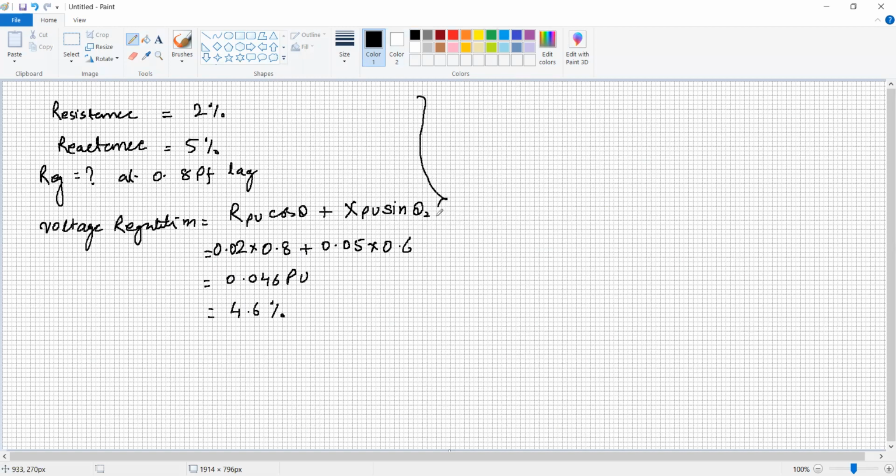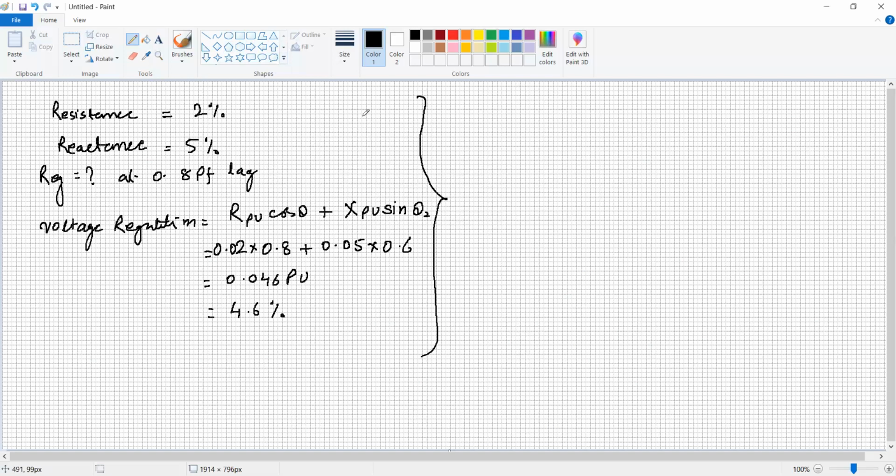One more simple example. Calculate the regulation of a transformer in which the ohmic loss, that is the resistive voltage drop, is 1% and the reactance drop is 5% of voltage, when the power factor is 0.8 lag, unity and 0.8 leading.